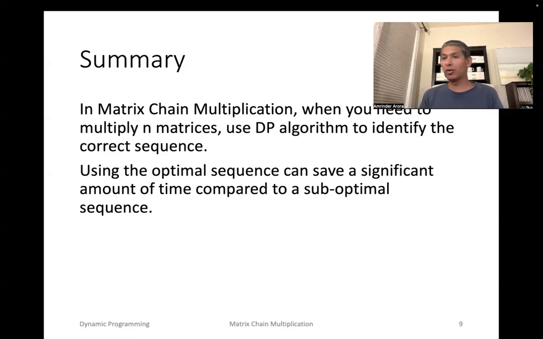The number n could be large, but generally it's not in the millions. It's maybe about 100, maybe 300, somewhere along those lines. 50 is perfectly common too. So you're trying to multiply those 50 matrices, and the algorithm we've just discussed will tell you which sequence to do it in, because ultimately you're trying to save power and time in the overall operation.